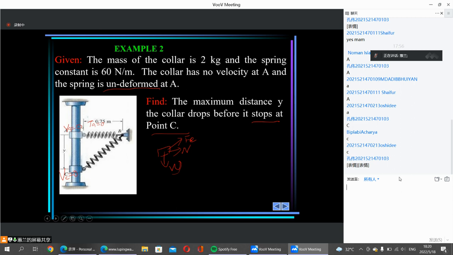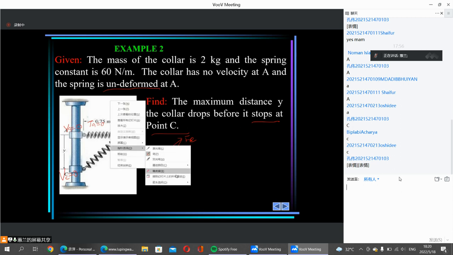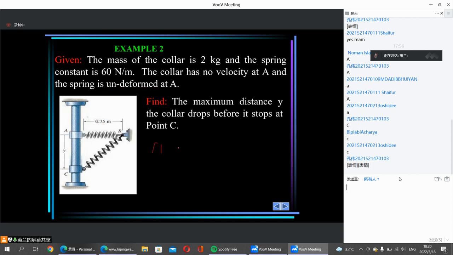I need you to work out this problem with two methods, two approaches. One is to apply conservation of energy.